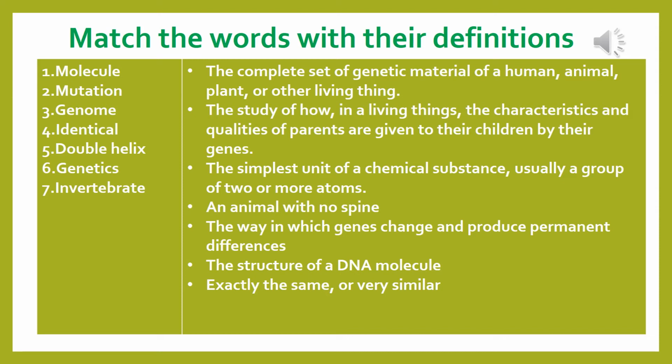First, the complete set of genetic material of a human, animal, plant, or other living thing. Second, the study of how in living things the characteristics and qualities of parents are given to their children by their genes.